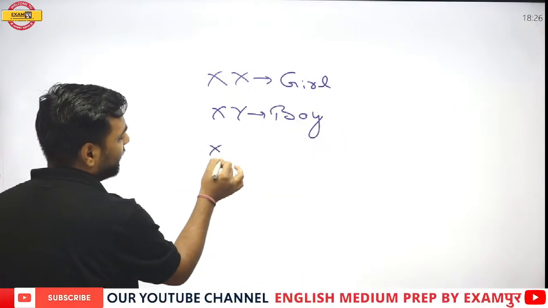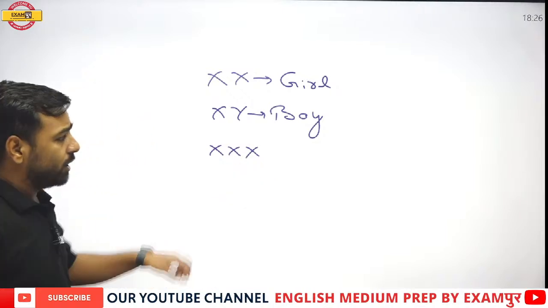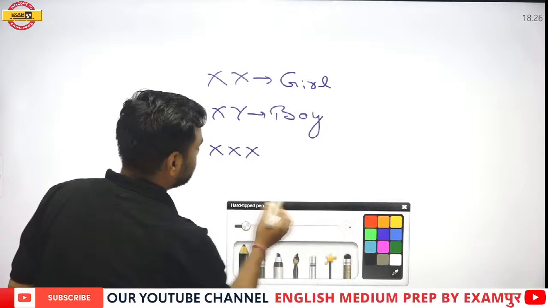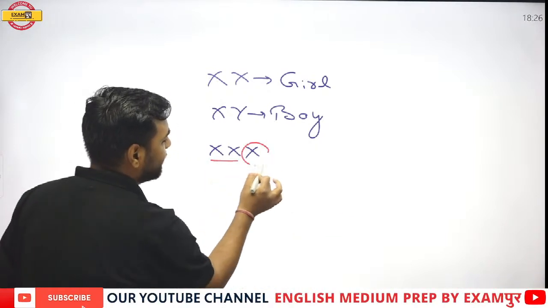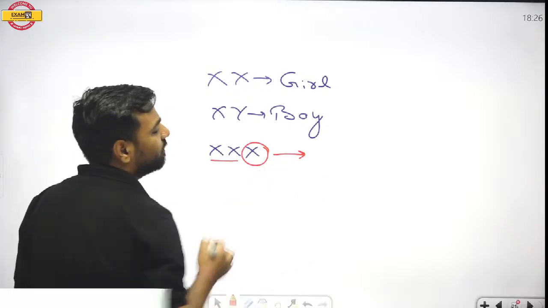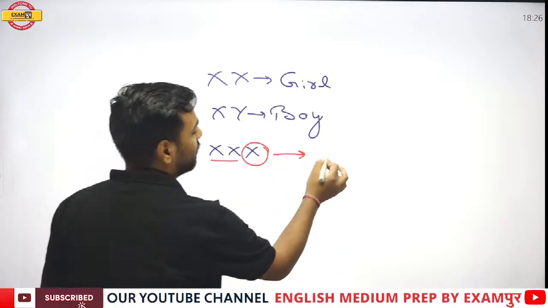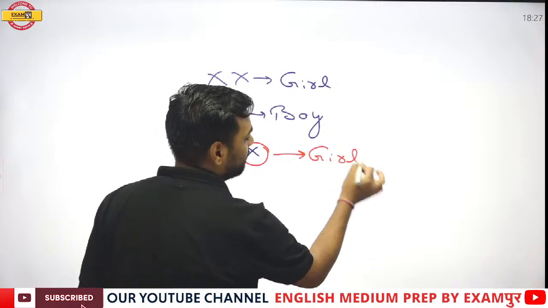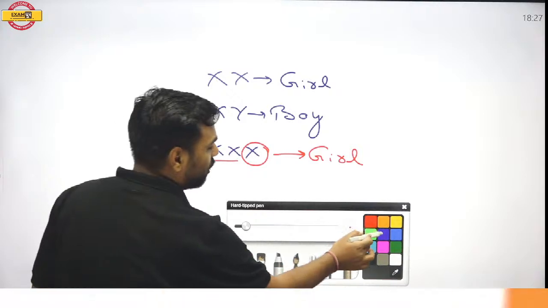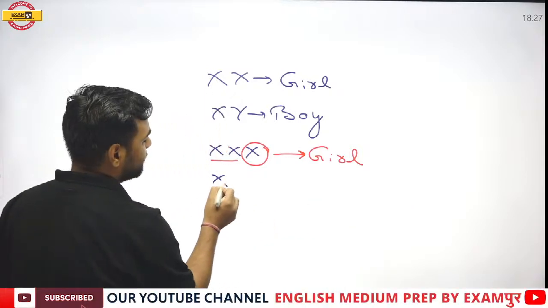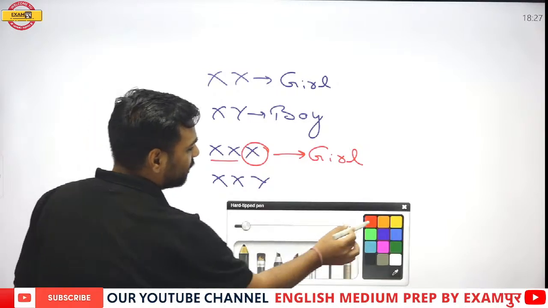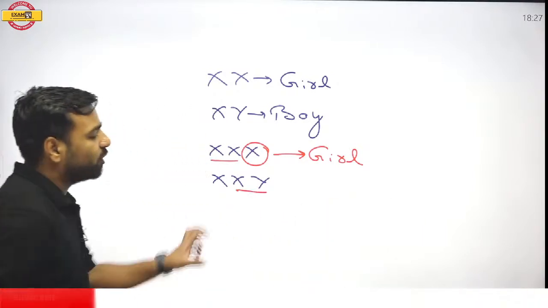What if I get one more X? This is the condition where a girl gets an extra chromosome over here, and this is an abnormality. This is for the girls. I'll be showing you with the diagram what kind of abnormality it is. In a similar manner, if I talk about XXY, it's very obvious that we are talking about a male because it is XY.